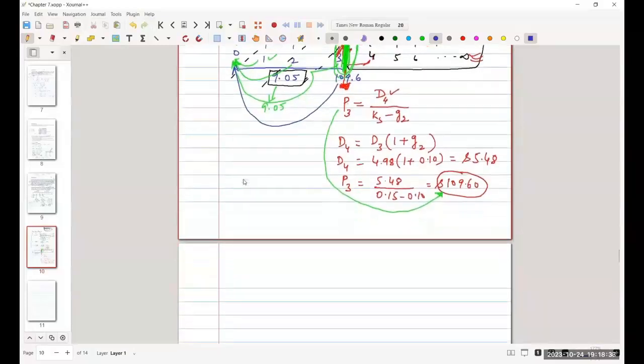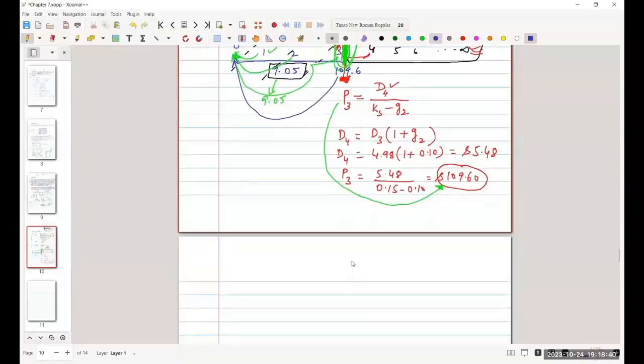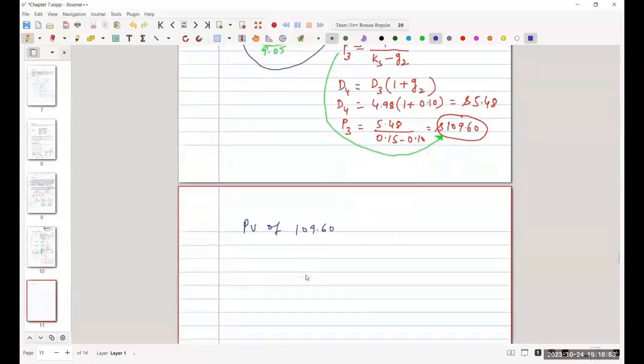So we will use this present value of 109.6. We will discount it 3 periods back so that from time 3, it goes back to time 0.